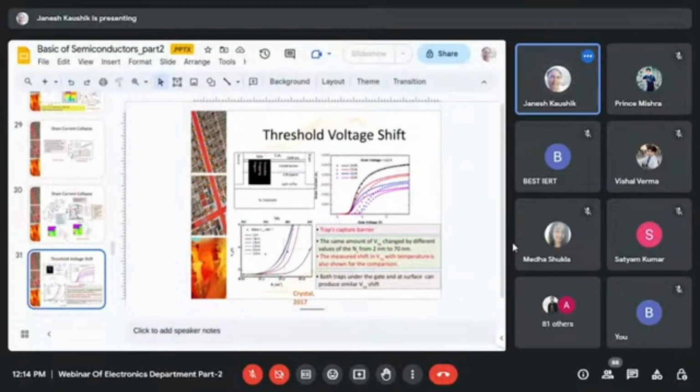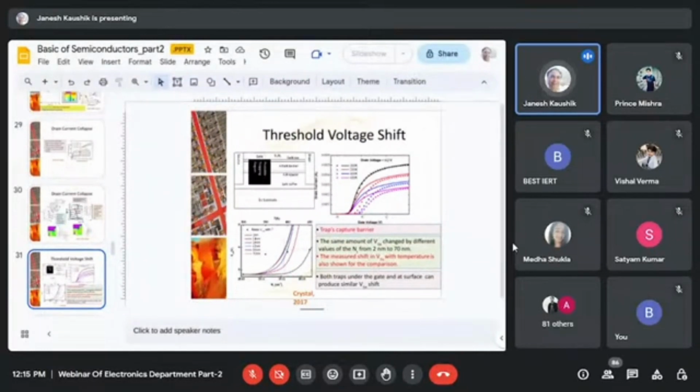So one more problem we have faced is that threshold voltage shift is also observed in these devices, and that too in the opposite direction. When we increase the temperature of a device and we see the ID-VG characteristics, meaning drain current versus gate voltage, the threshold point, where the transistor turns on, shifts to the right side.